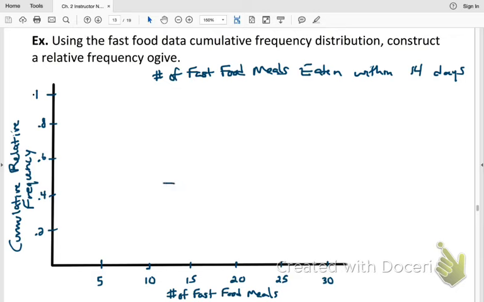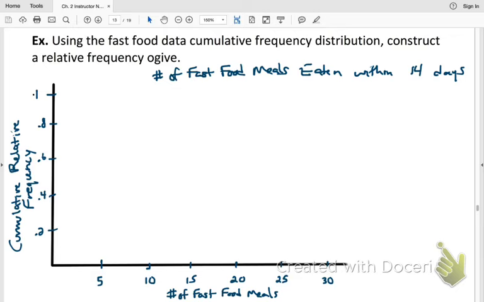And so now as I start this, I'm looking at my cumulative frequency distribution from earlier in the notes here, and I'm noticing that we started at 0.42.